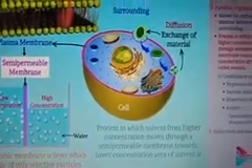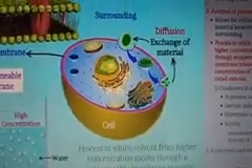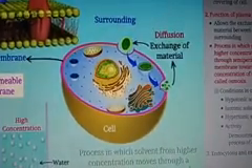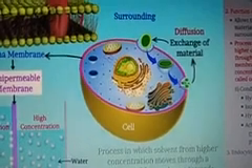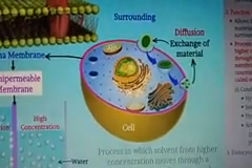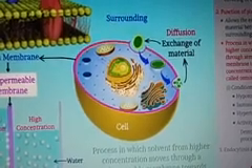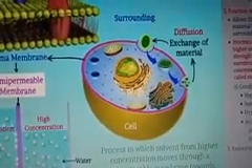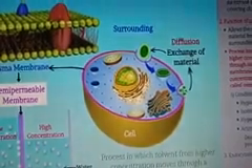Here you can see there is the surrounding of the cell, the surrounding area, and there is diffusion. Now what is the meaning of diffusion? Diffusion means exchange of material takes place. Here you can see the way of entering the cell, that is called diffusion.